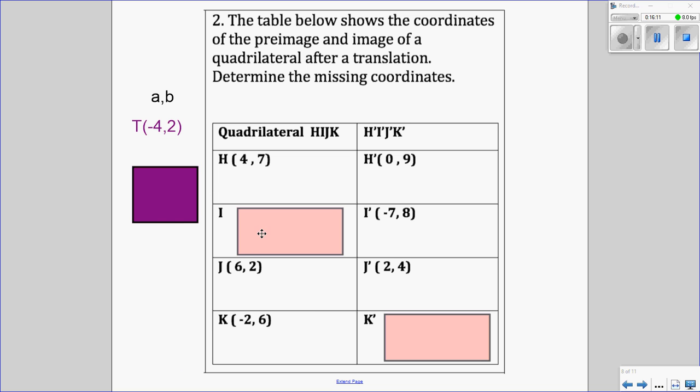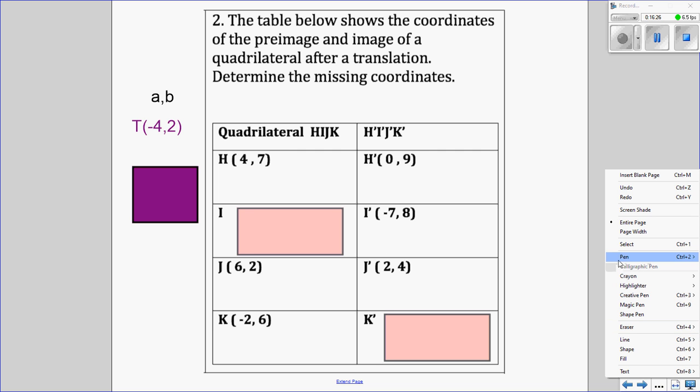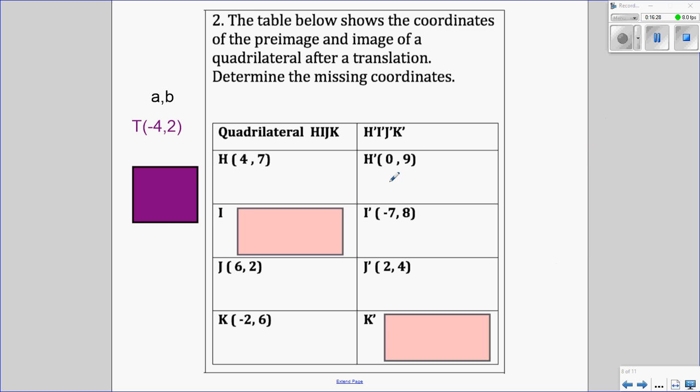All right, remember, if you're starting with the image and going to the pre-image, we're going to subtract. So we have negative 7 minus negative 4. Remember, negative 7 minus negative 4, those are 2 negatives that need to turn into a positive. So I'm going to write it, which I should have done with the other one.